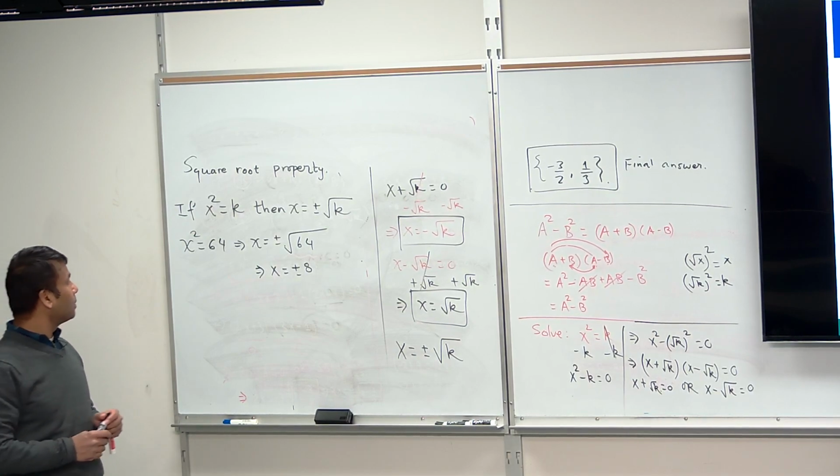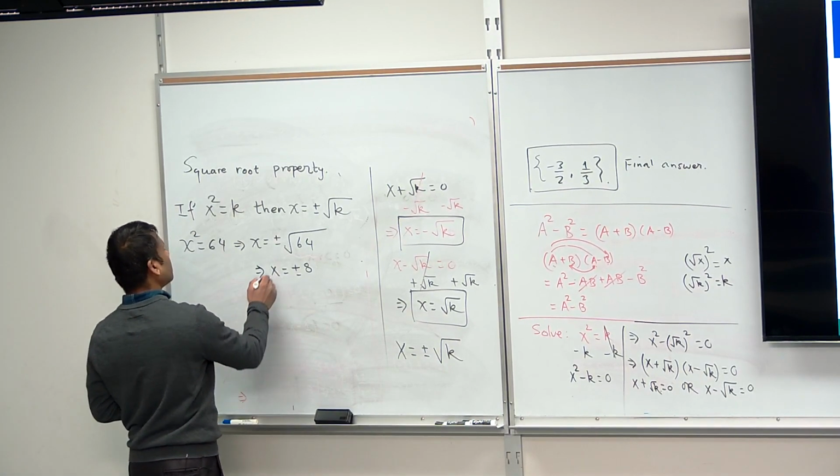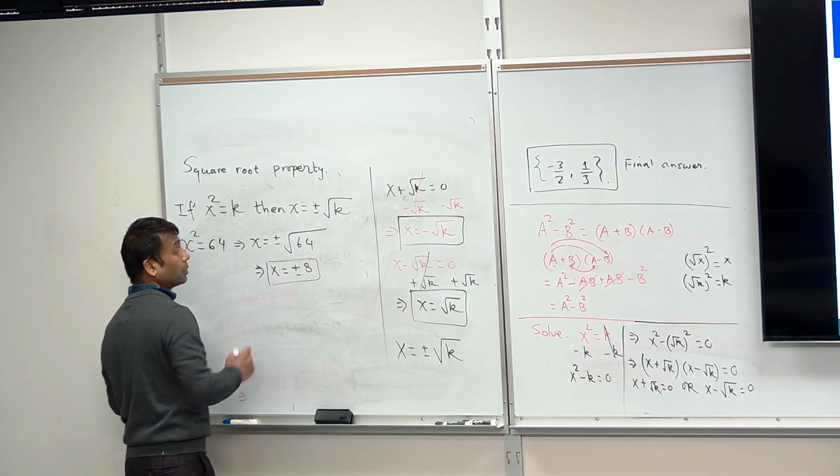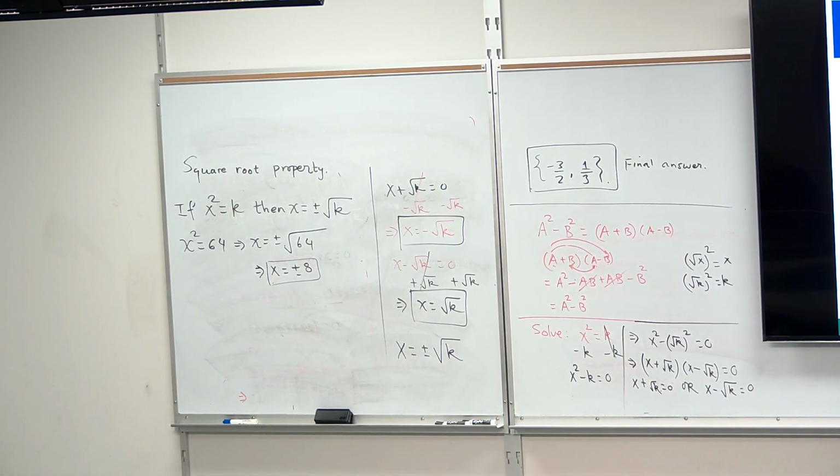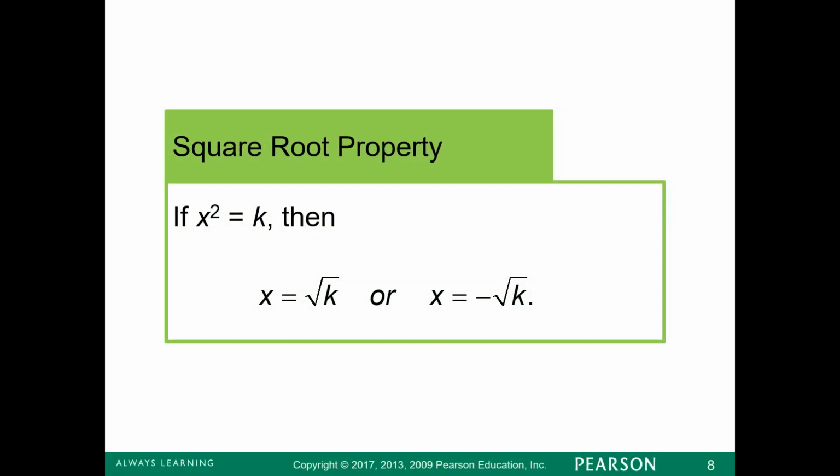Okay, good. So this is the solution. This is, if x squared equal to k, then x equal to radical k or x equal to negative radical k.